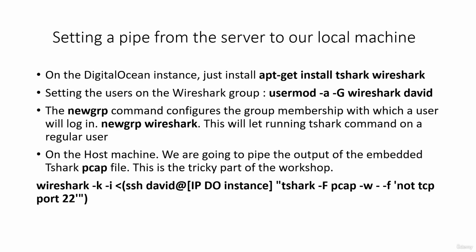Now we are going to set up a pipe from the server to our local machine. We are going to stream the traffic to the machine over SSH and push it to Wireshark for monitoring. On the DigitalOcean instance, just install Wireshark. As previously told, most Linux distributions have Wireshark pre-installed.